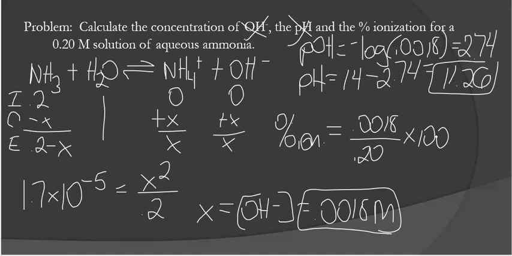So the percent ionization, it's actually very small, 0.9%. So only 0.9% of the NH3 ionized. Strong bases ionize completely, 100%. Weak bases ionize only slightly, in this case, 0.9%.